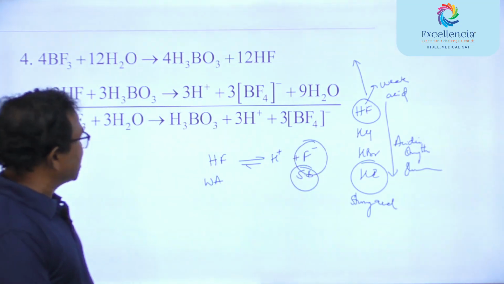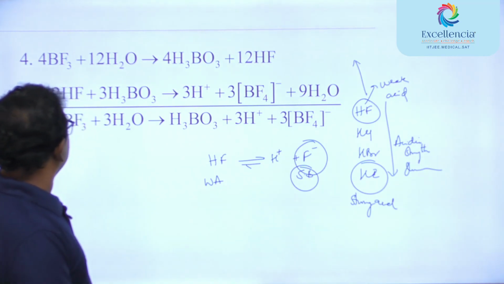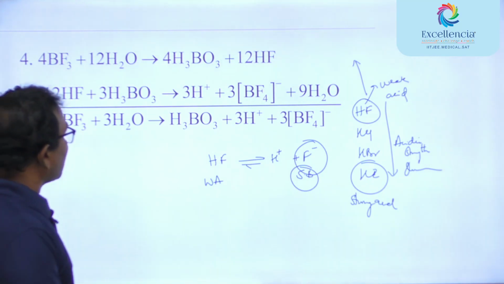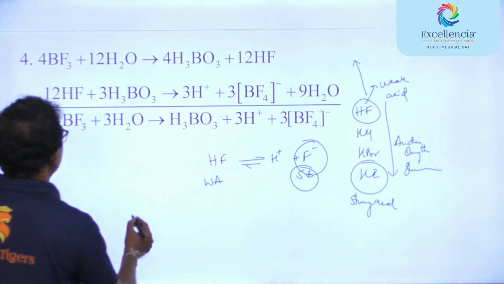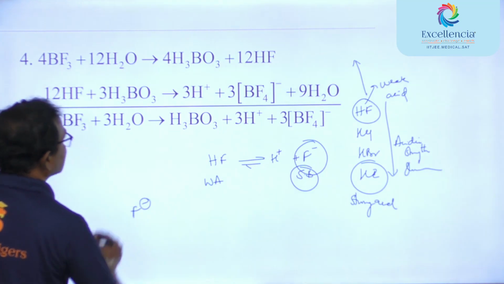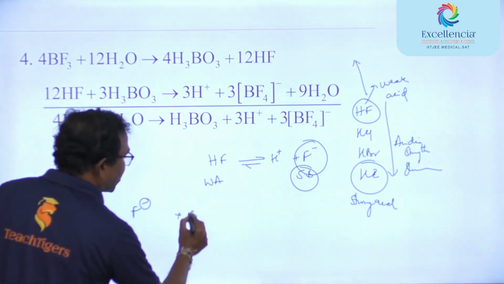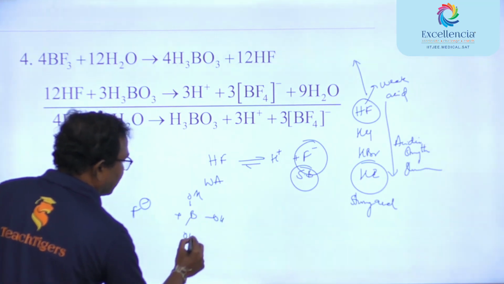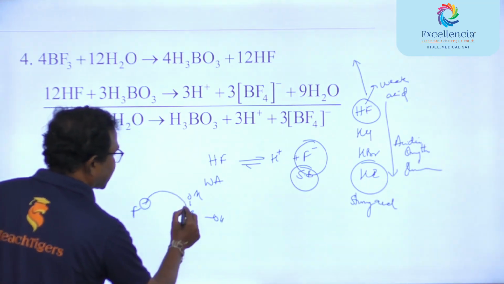From the equilibrium, there is a possibility that this fluoride can attack the boric acid again with a vacant orbital and coordinate like this.